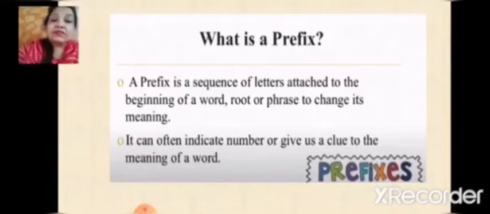Further, children, we are going to come up with a lot of words with prefixes. Once again, a prefix is a sequence of letters added to the beginning of a word, root or phrase to change its meaning.